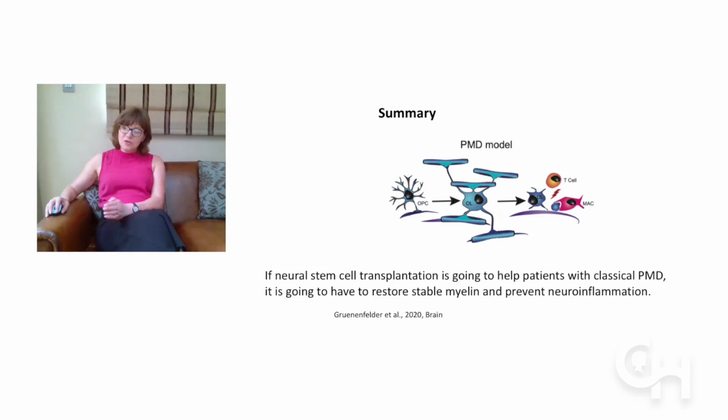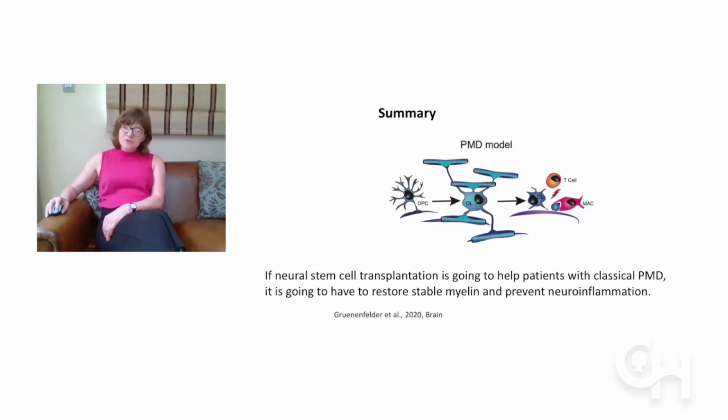So if you move to the right-hand side image, there the oligodendrocyte has lost its myelin sheaths, and there is infiltration into the central nervous system also of immune cells that are not normally present there. And these immune cells produce inflammatory factors that can actually harm the myelinating cells and the neurons that they wrap.